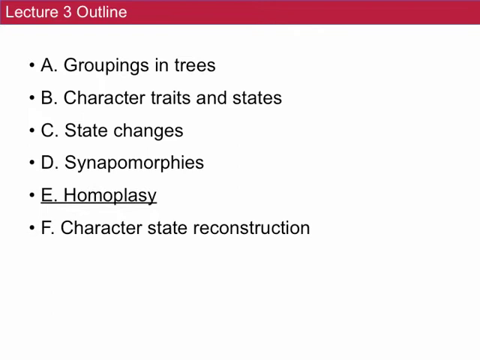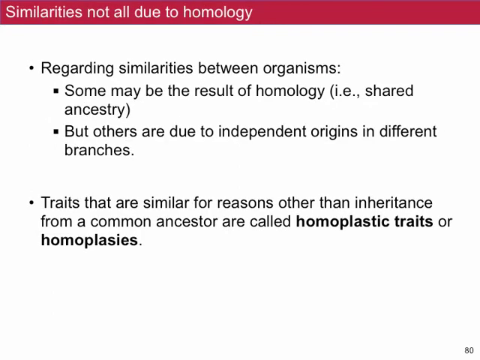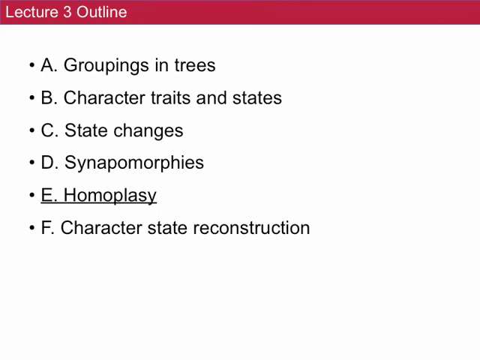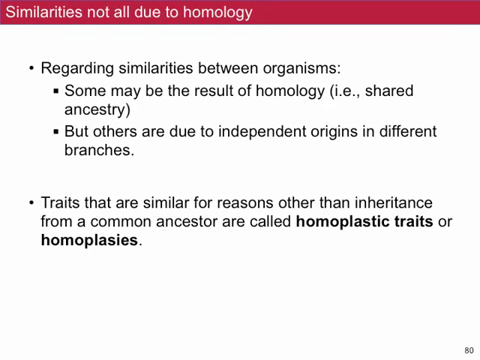So I want to now talk about the counter, in essence, to synapomorphy, which is a very important aspect of evolution, and it's a little tricky to think about in some cases. So I'm going to take you through a simple example of this. It's called homoplasy, and the issue is basically summarized in this slide.